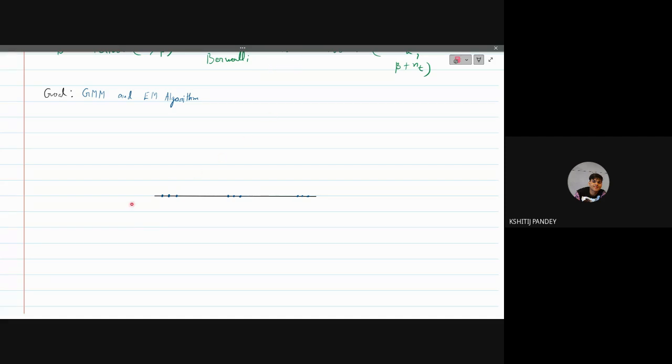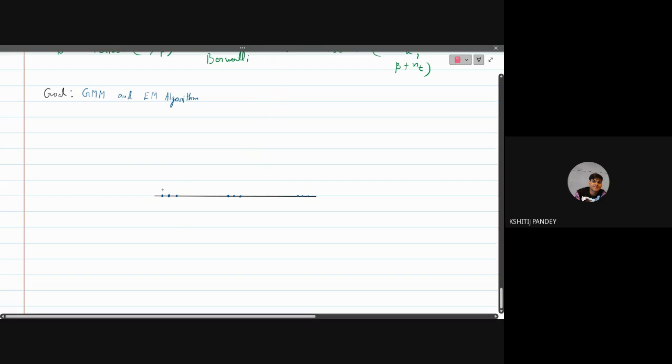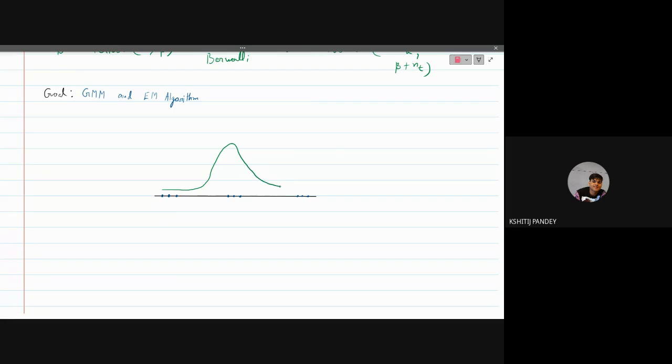So we have to think of a distribution which generates this data. Naturally, we can go for a Gaussian distribution. This is the distribution which generates the data.